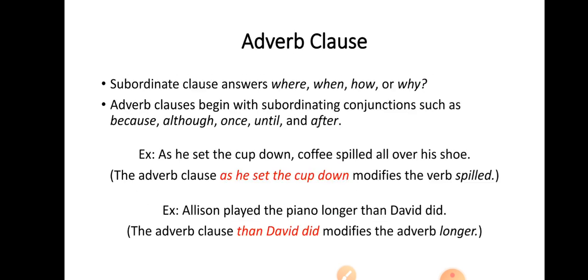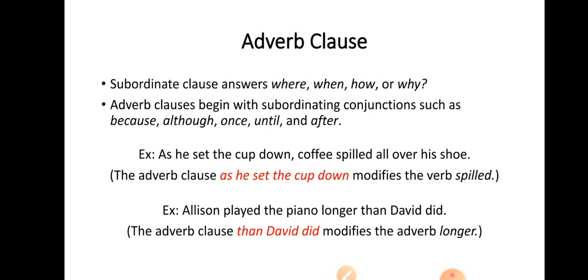adverb clause. Do you remember the definition of adverb, the role of adverb in a sentence? Adverb, like adjective, also defines or adds meaning to a noun, verb, adjective or another adverb.